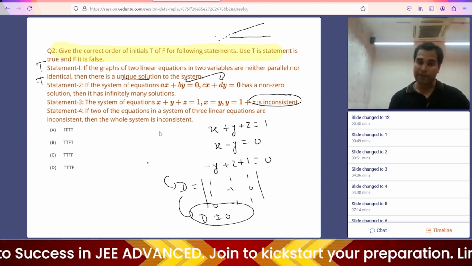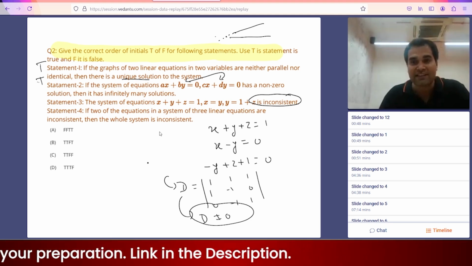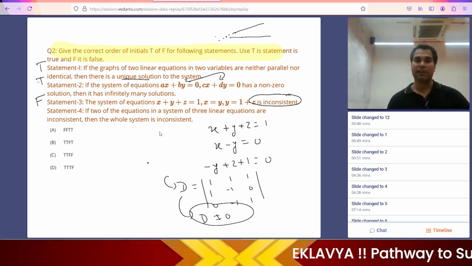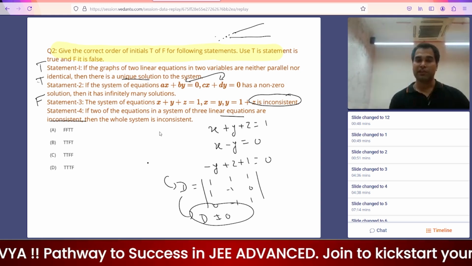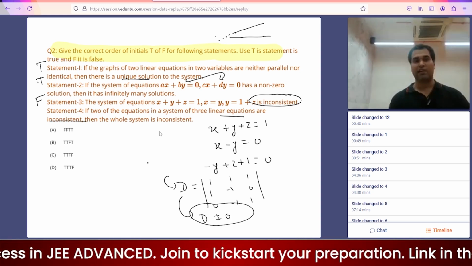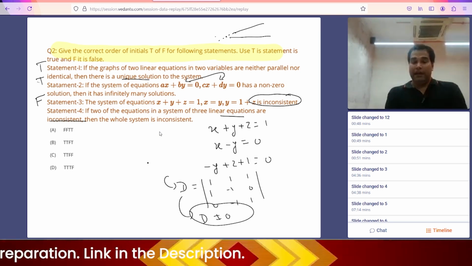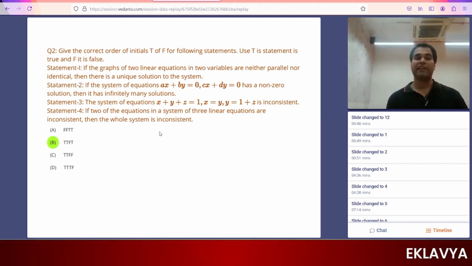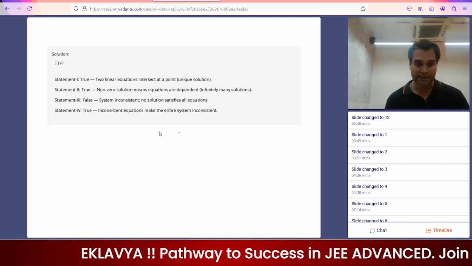By Cramer's rule, D not equal to 0 means a unique solution exists, and when a unique solution exists, the system is consistent. This statement is false. And statement 4: if two of the equations of a system of 3 equations are inconsistent, meaning any equation is inconsistent, then the whole system is inconsistent. Means here B option is the correct answer.